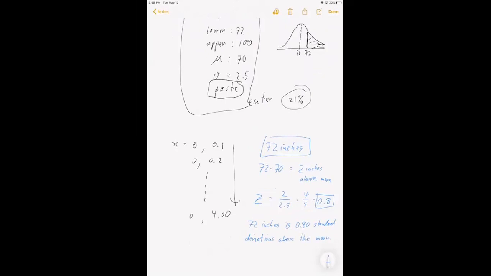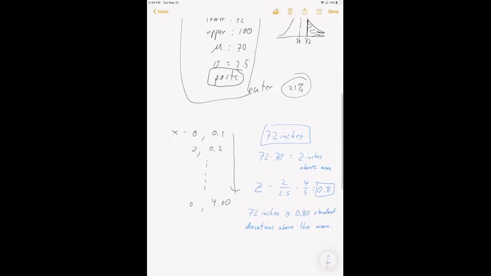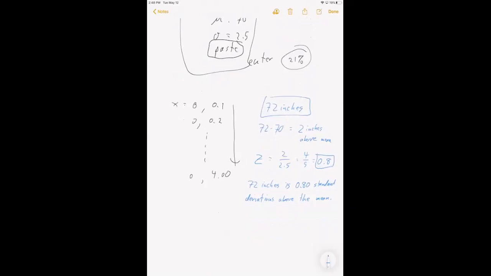So when you look at the standard normal distribution, everything is measured in units of standard deviations above or below the mean, and the probabilities can be found. So if you wanted to, you could have figured out the same question by making lower equal to 0.80. You could make upper, you can make it anything you want.